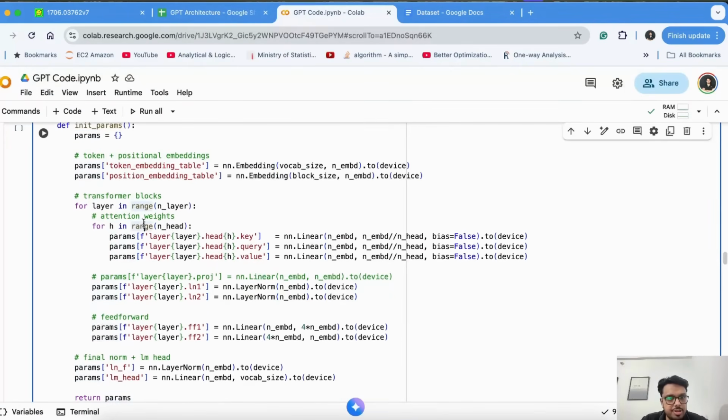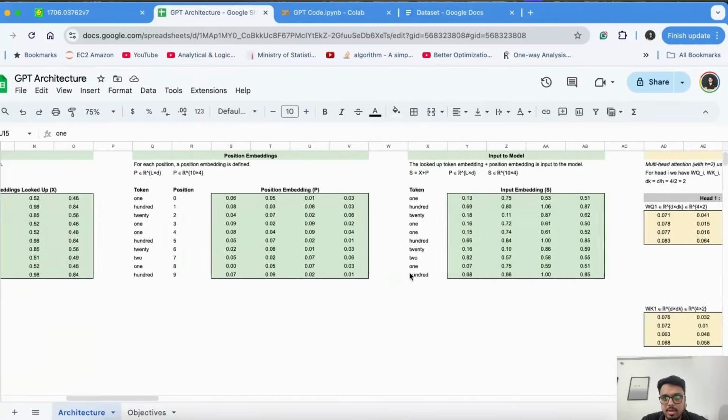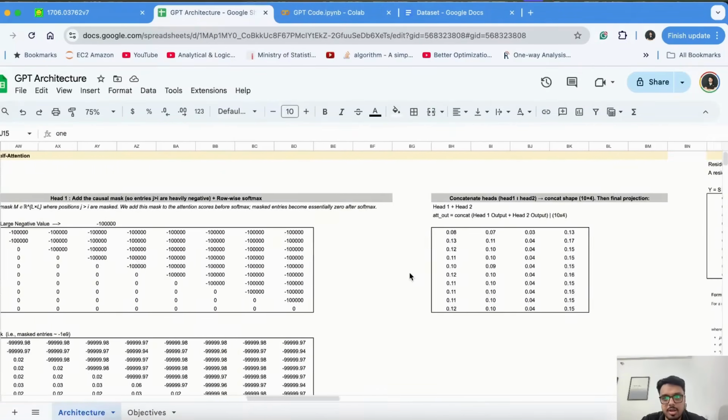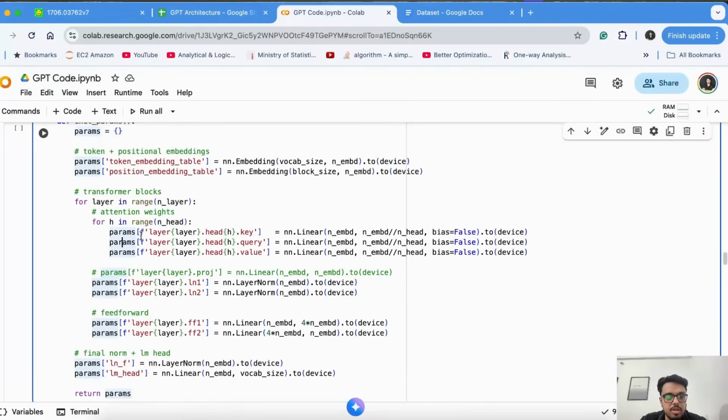Then for each transformer block, we have to define two things. First is the heads. If you see, I loop through the number of layers, because as I told you, in practical scenarios generally multiple layers of attention plus feed forward are used.